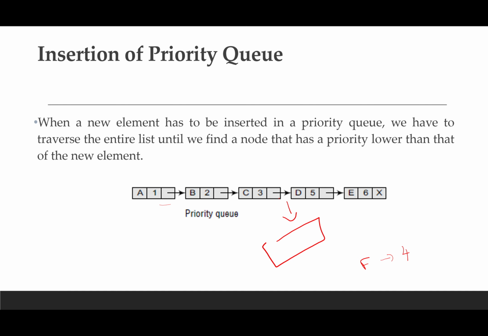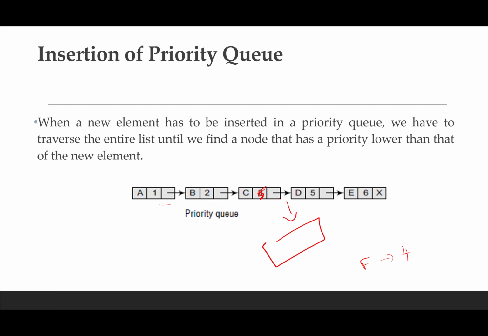We can definitely say C was inserted in the queue before D, because for C the priority is 5.